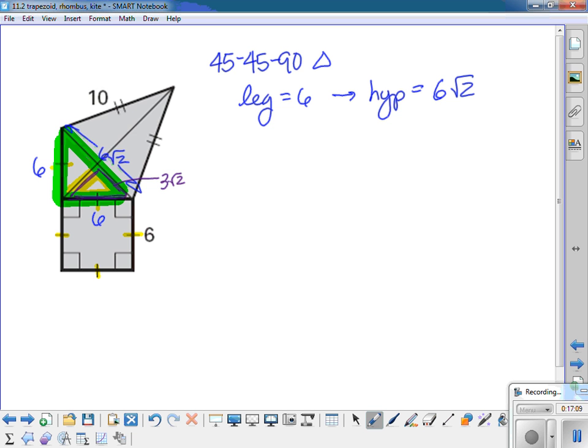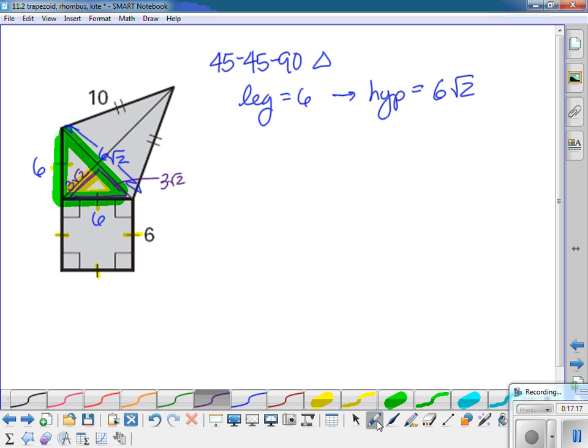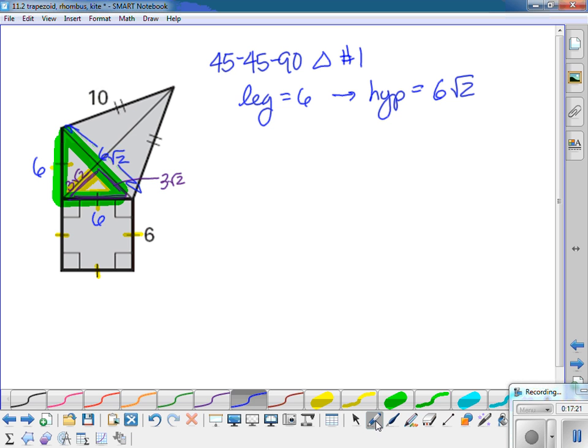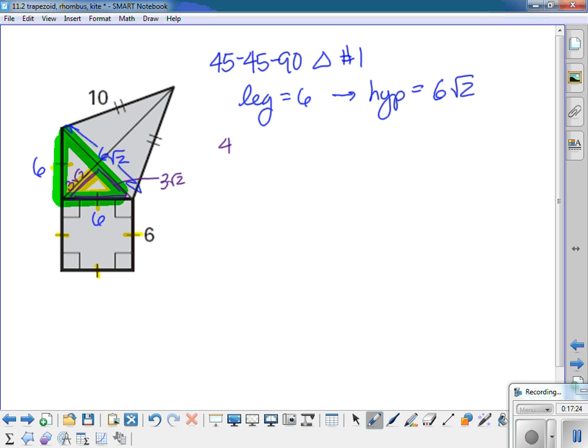And that means that the other leg is also 3 root 2 because my legs are equal. So my first one, I found the 6 root 2, and then with my 45, 45, 90 again, my legs were equal to each other. And so the leg is 3 root 2.